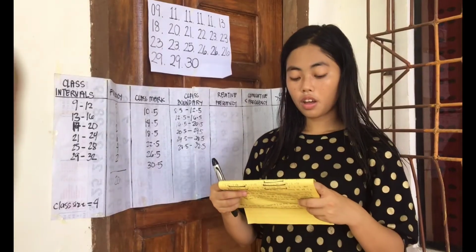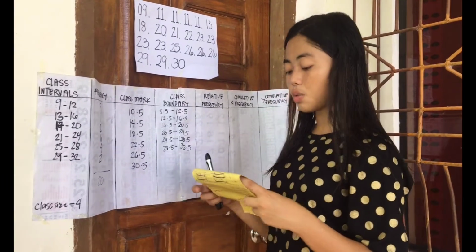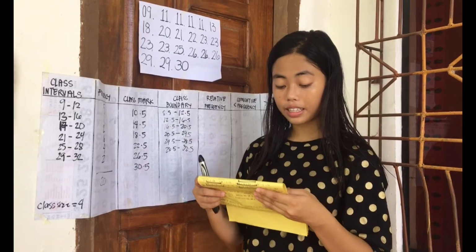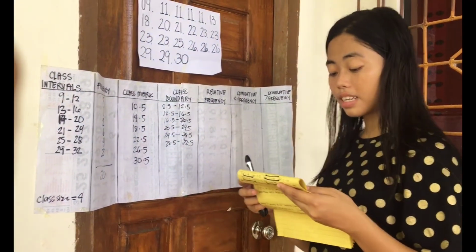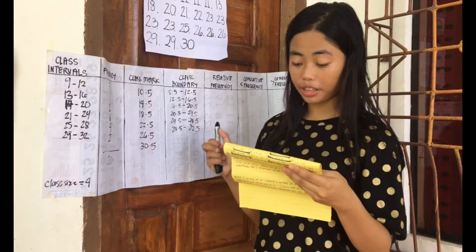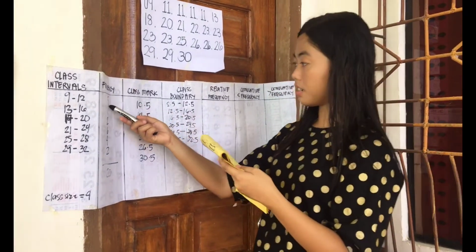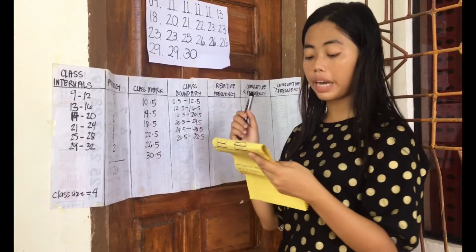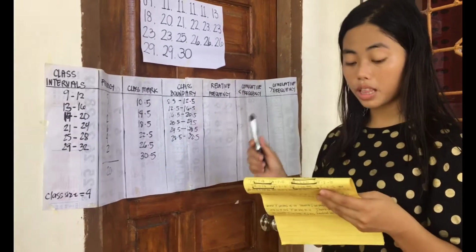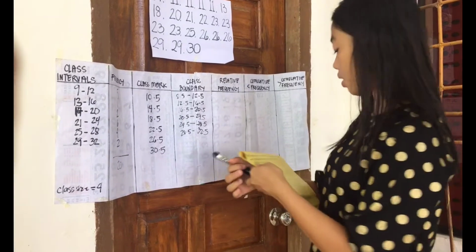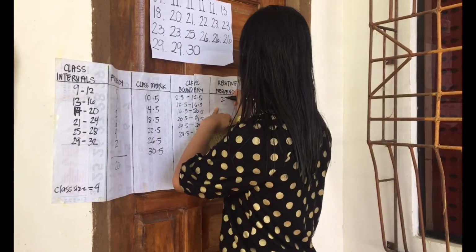For relative frequency, we take the frequency, divide it by n, the number of students, and then multiply by 100. So 5 divided by 20 is equal to 0.25 times 100 is equal to 25%.